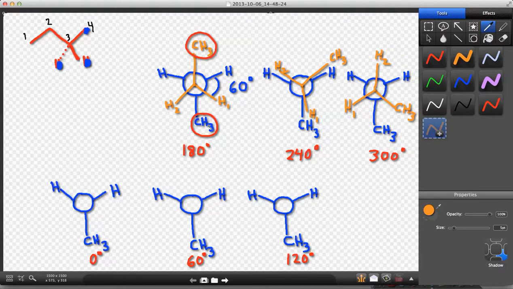So notice that this is a staggered arrangement, an eclipsed arrangement, a staggered arrangement, so they will alternate every other one. Of course, at 0 degrees, we're going to be staggered again.